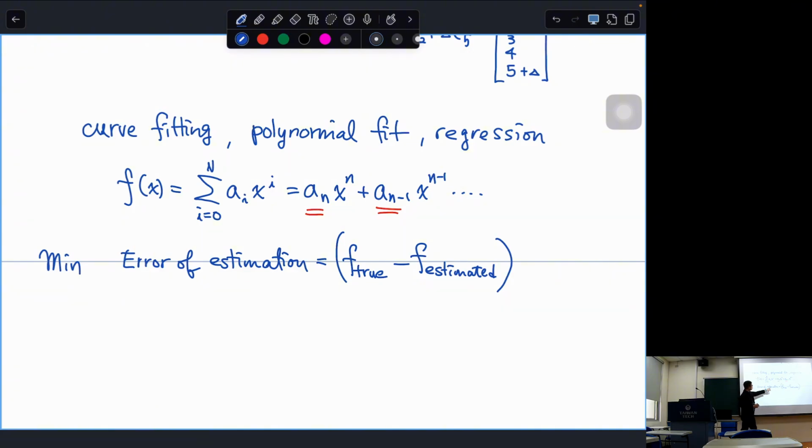And what are the variables? Those are the unknown parameters. Nowadays, since neural networks are so big, there are thousands of unknown coefficients, like those a_n and a_(n-1). They're way too many.